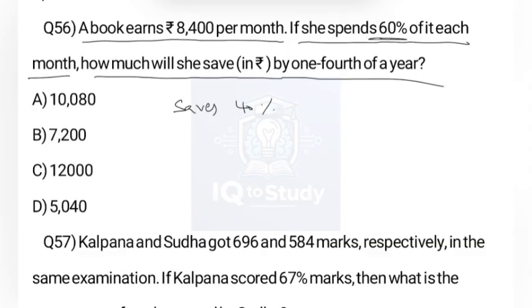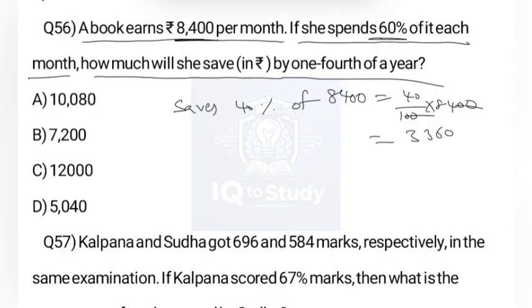So, in the question, 8,400 per month is earning from books. So 40% of 8,400, that is 40 by 100 into 8,400, that is equal to 3,360.